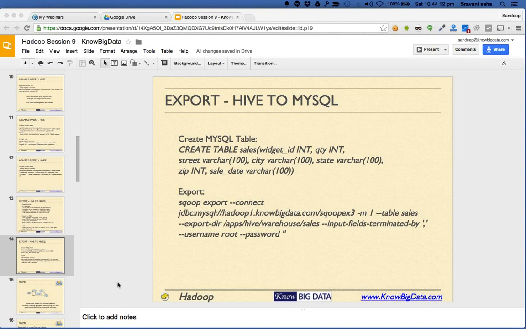So try doing it by yourself, try running all the commands which we talked about in Zookeeper, and in the case of sqoop and these tools. That will give you far bigger confidence than now. If you have a doubt, drop me an email.